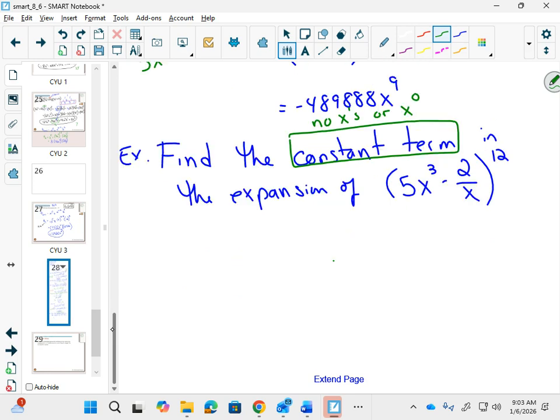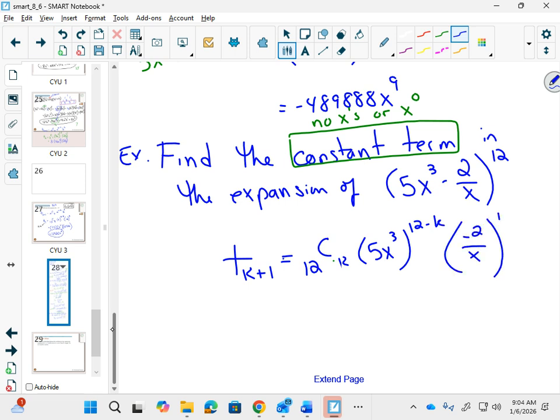We put everything into our formula that we know, and what we don't know is k. The exponent is 12, choose k, and then a is 5x cubed to the 12 minus k, and b is negative 2 over x to the k.